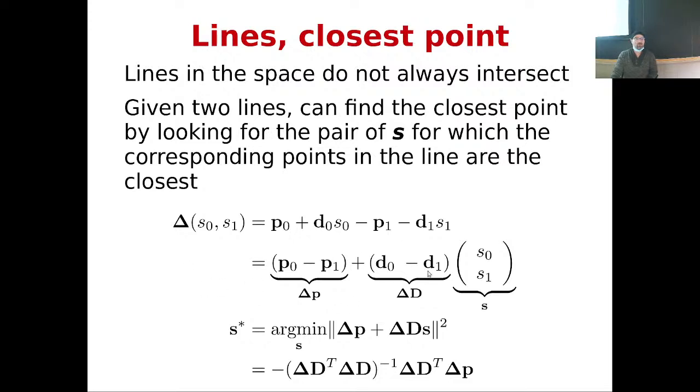No, it's not transposed. D0 is three-dimensional. Is it a vector? D0 is a vector, yes. They are two vectors. It's a matrix consisting of one vector, which is D0, and the other vector, which is minus D1. You see it now, no? This is a matrix-vector product.